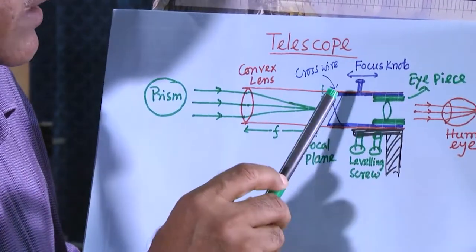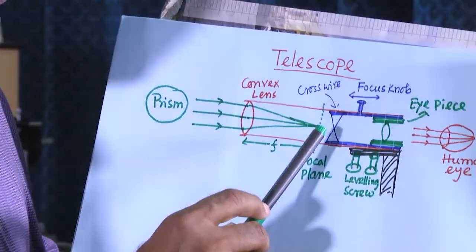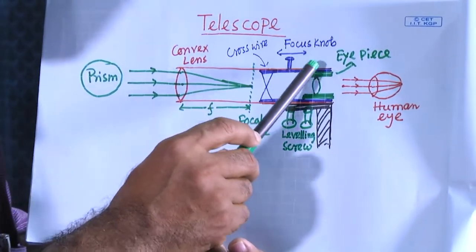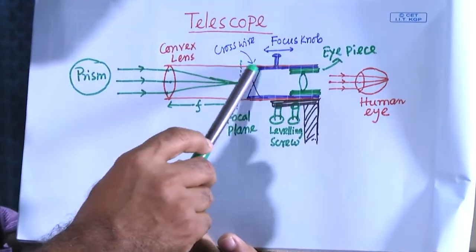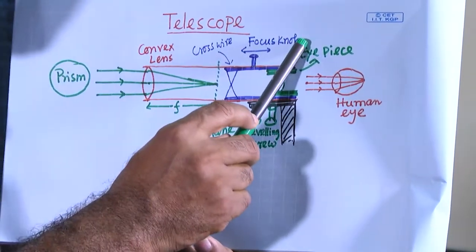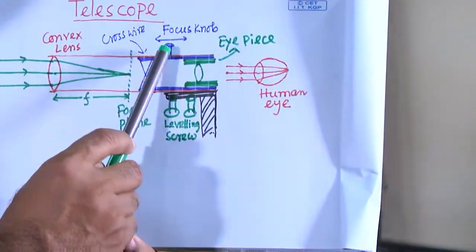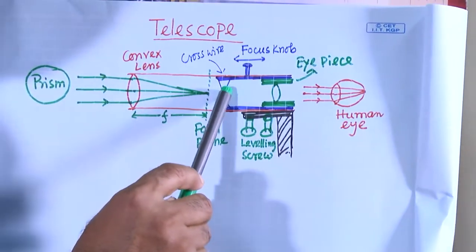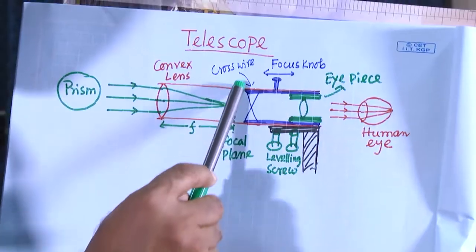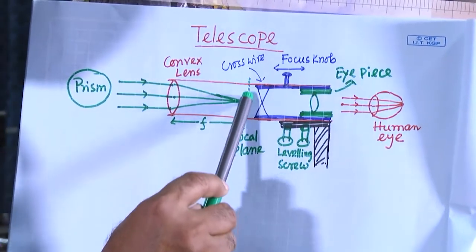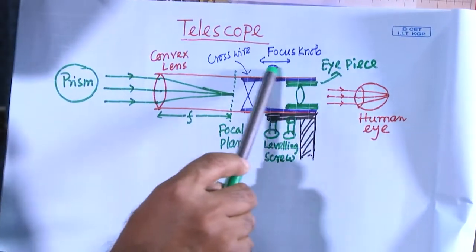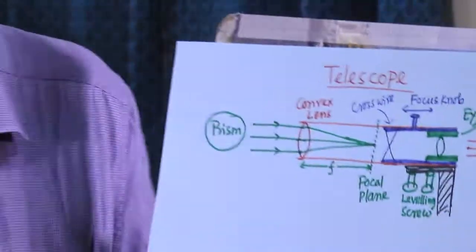This cross wire is movable. This is the focus knob. What happens is that this cross wire has to be placed at the focal plane, so for that we have an arrangement to move it.